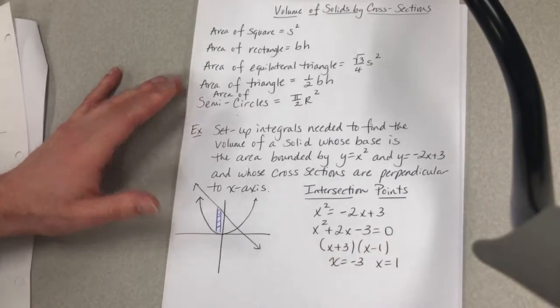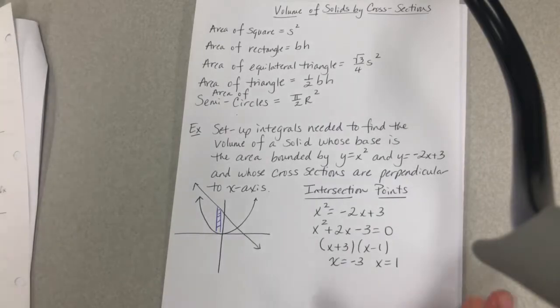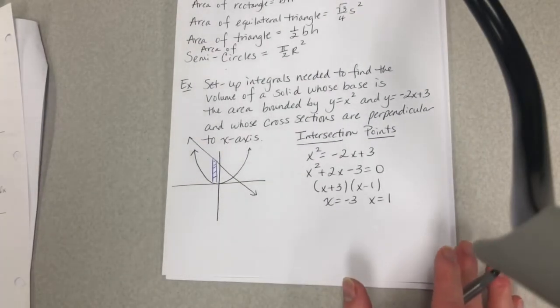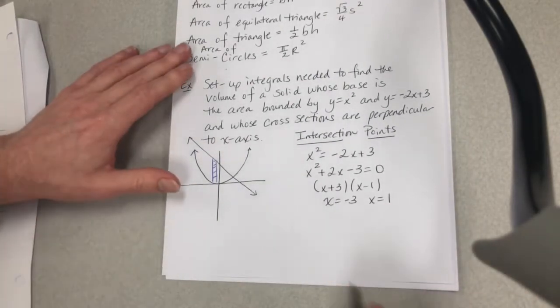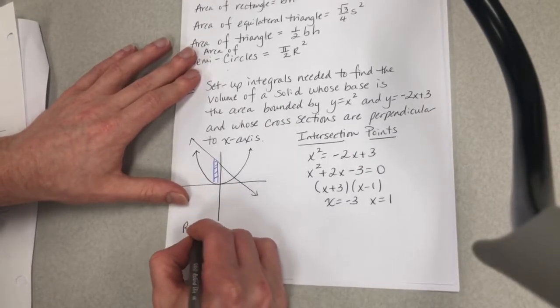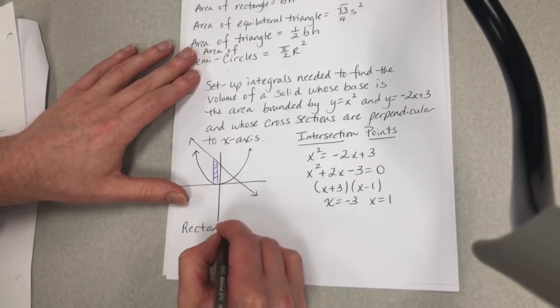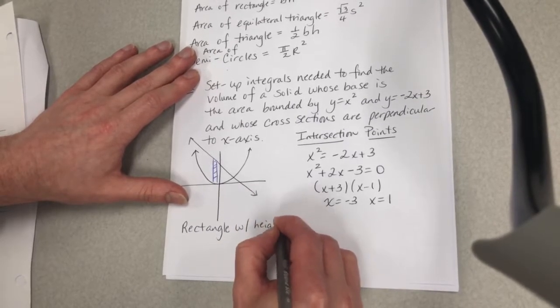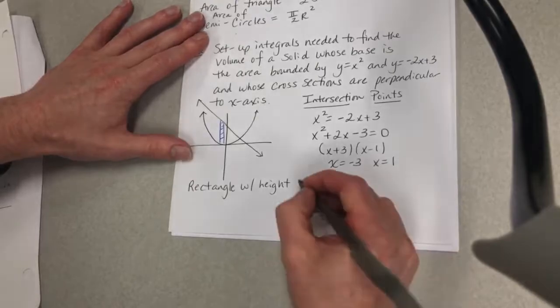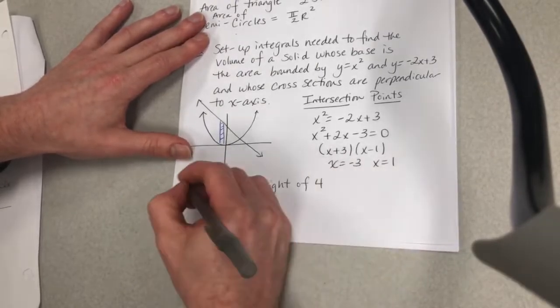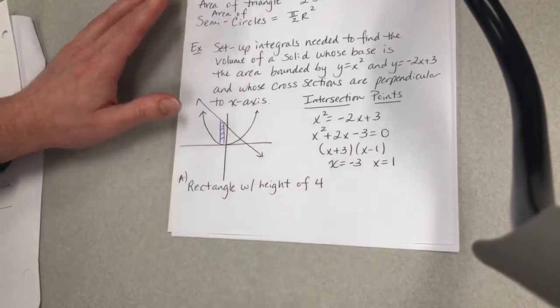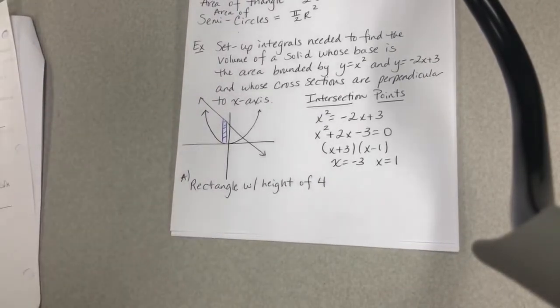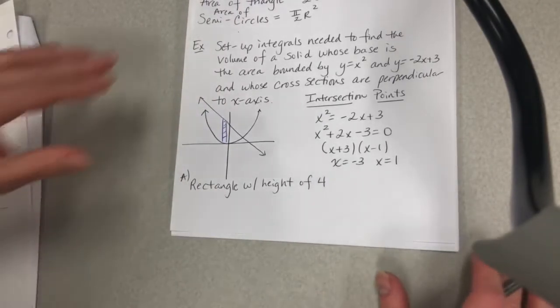Now, say I want to set up an integral to find the volume for rectangles with height of 4. That'll be our first little example. The area of a rectangle is base times height.